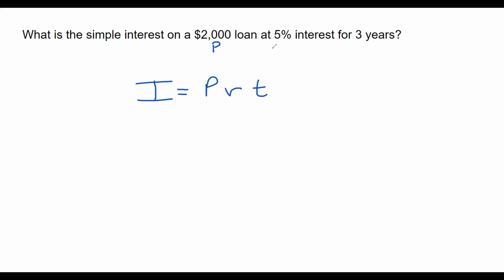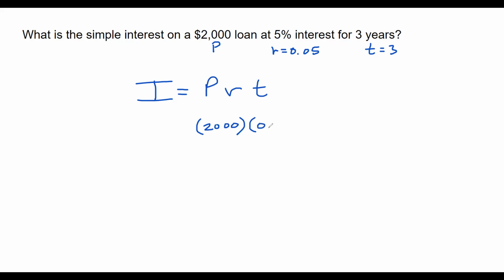The rate is going to be 5% expressed as a decimal. 5 divided by 100 is 0.05. And our time is 3 years. T equals 3.